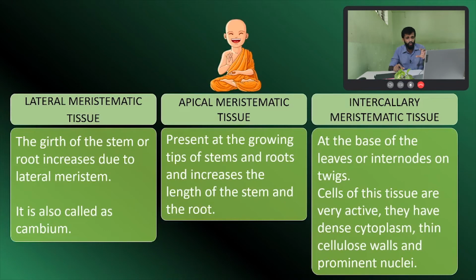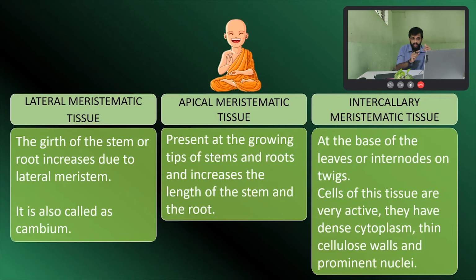Why is it required like this? Because you know there's so much wind blowing, and sometimes the plant moves from this side to that side, right? Now, if there is no intercalary meristematic tissue, then there are chances that the twigs and the branches will easily break.